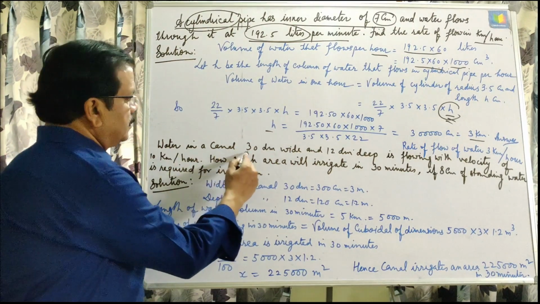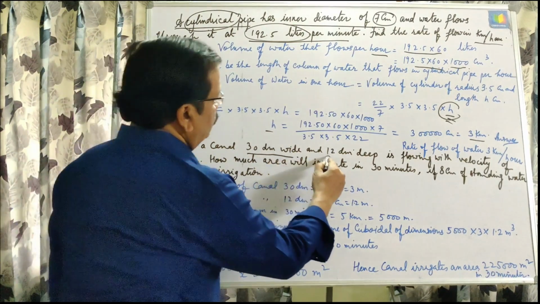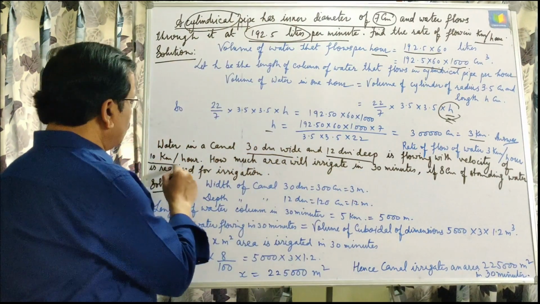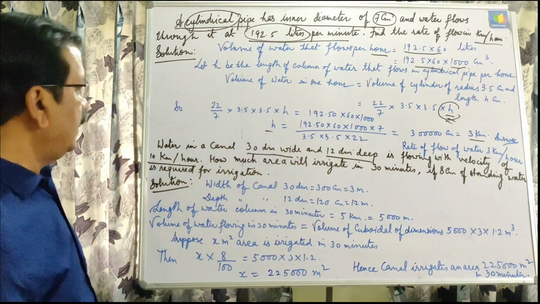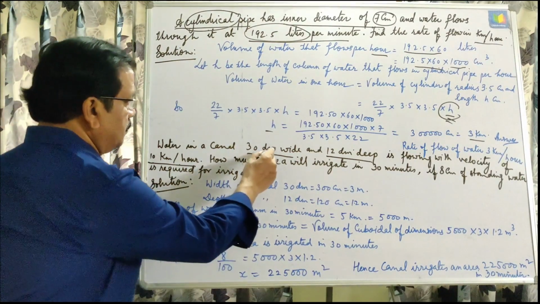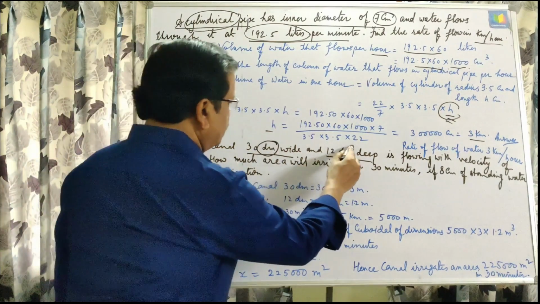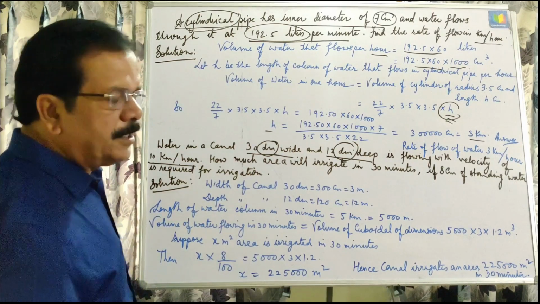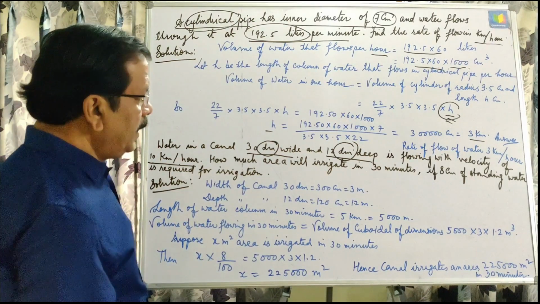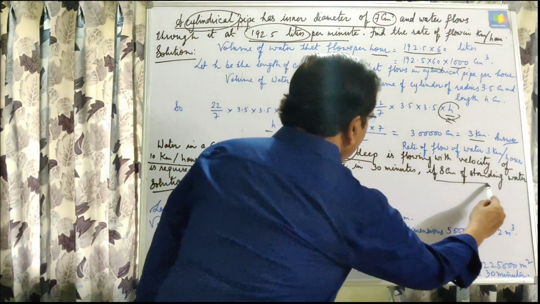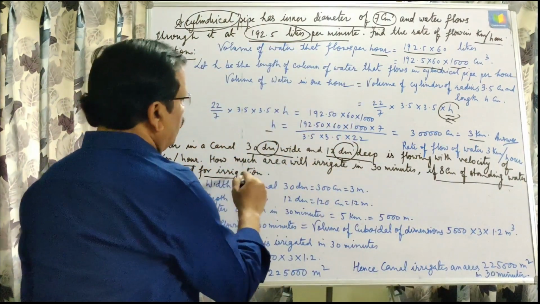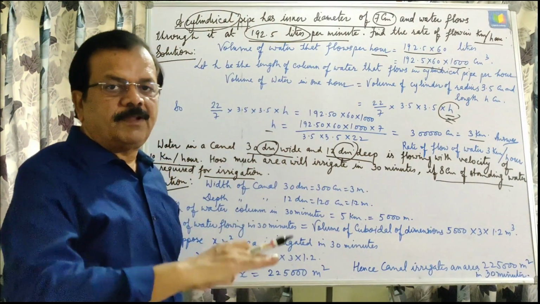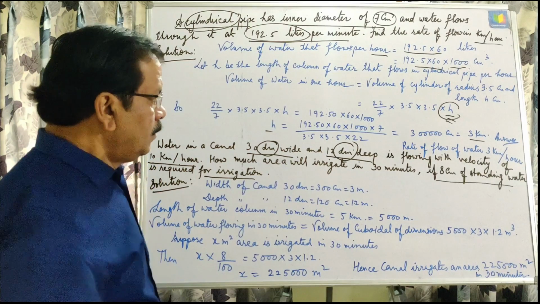Water in a canal 30 decimeter wide and 12 decimeter deep is flowing with a velocity of 10 kilometer per hour. How much area will it irrigate in 30 minutes, if 8 centimeter of standing water is required for irrigation? First of all we will change the units. Standing water of 8 centimeter will be taken as the height of the water.